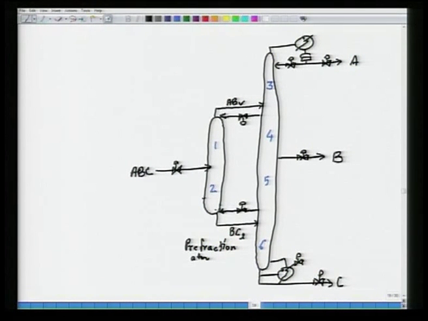Whatever vapor has been taken out, let us say the column on the right is operating at slightly higher pressure. This column is operating at a lower pressure. Of course, I have got a compressor that will make sure, maybe I should show that compressor will make sure that whatever vapor is being fed actually finds its way to the tall tower.